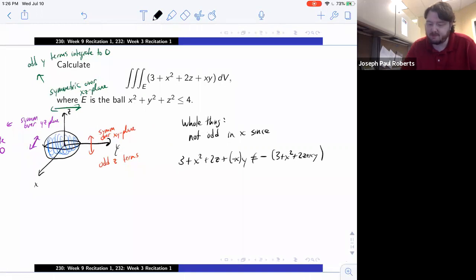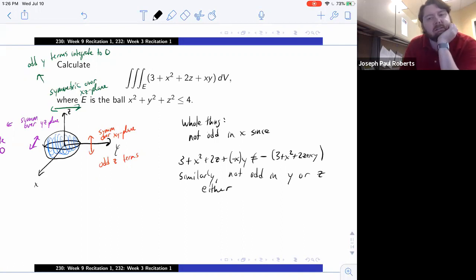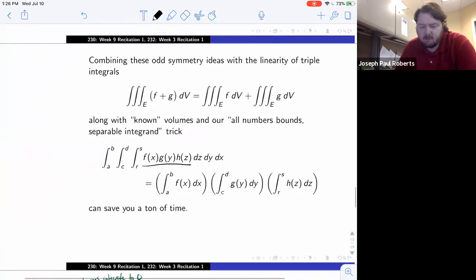Sure, it flips the sign on the fourth term, but it doesn't flip the sign on the first 3 terms. So it's not odd in x. Similarly, it's not odd in y or z either.